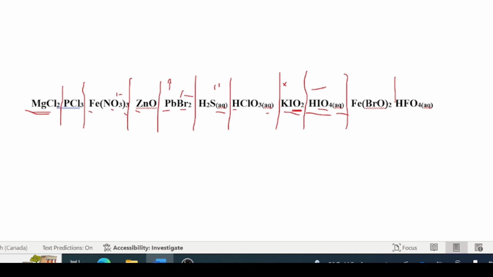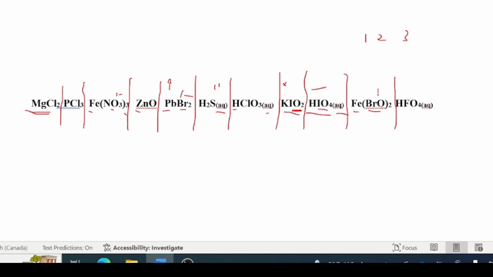This one here, again, polyatomic, there is a radical here, and a metal here, so it must be a salt. What is this guy here? It has bromine and 2 oxygen, less than ate. So you have 3 is ate, 2 is ite, 1 is hypoite, right? So it becomes what?